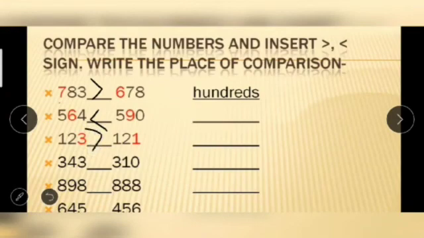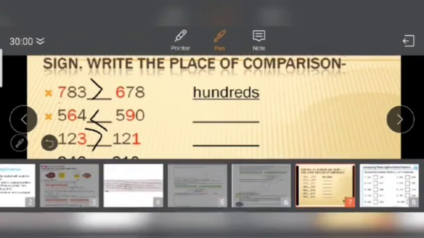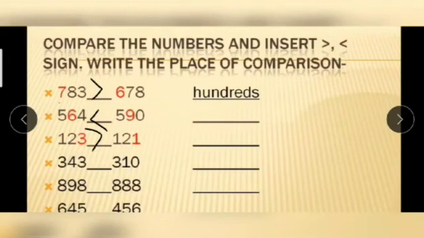Now same like that only you have to do the examples here. They have given 343 and 310. Here if you compare the number on the 100 place, both numbers have 3 on the 100 place.